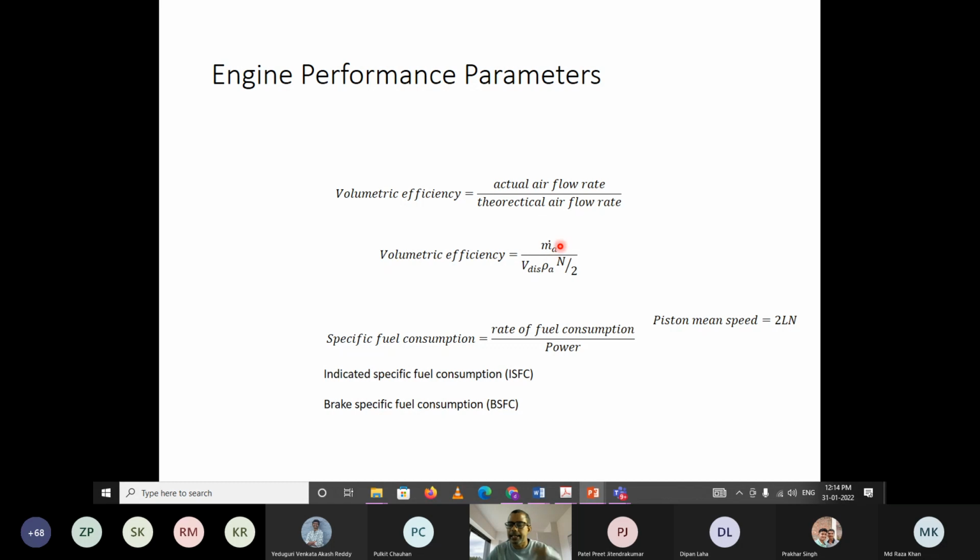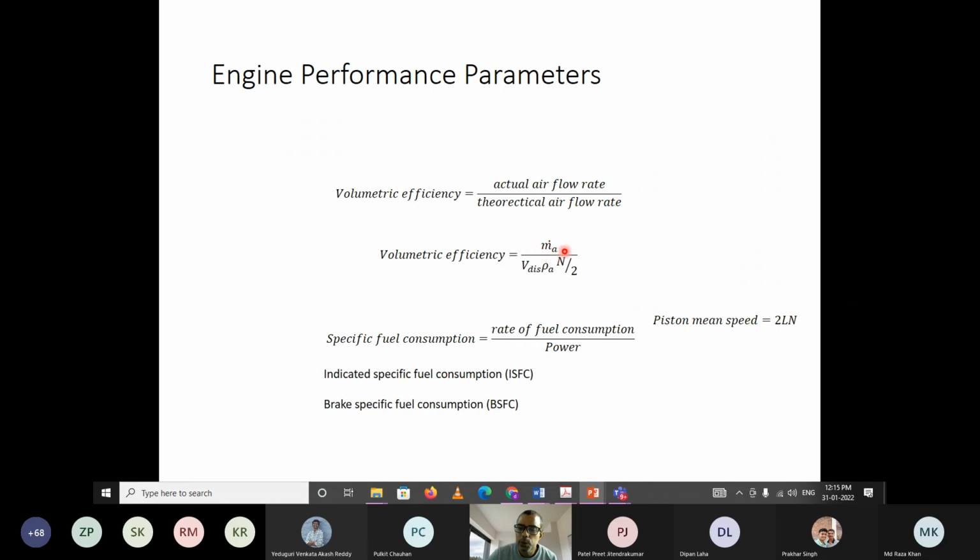Because the engine is a very dynamic phenomenon, you can calculate that if the engine is running, let's suppose, at 4000 RPM, how much time it will take in one cycle. And then you can find out that in one cycle of 720 degrees, approximately 200 degrees crank angle is the intake stroke, or slightly more.